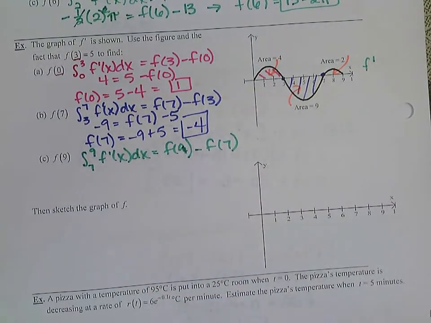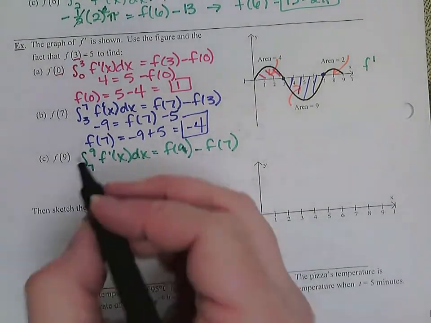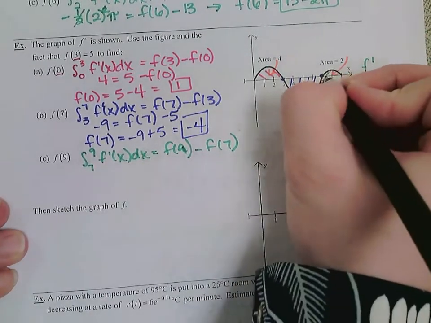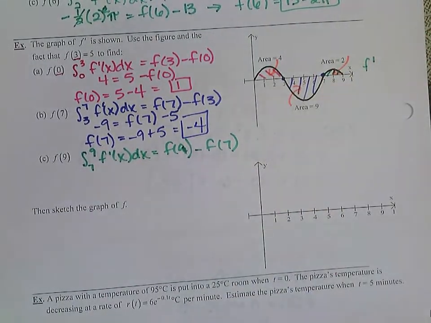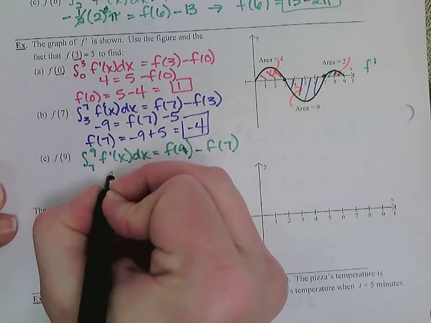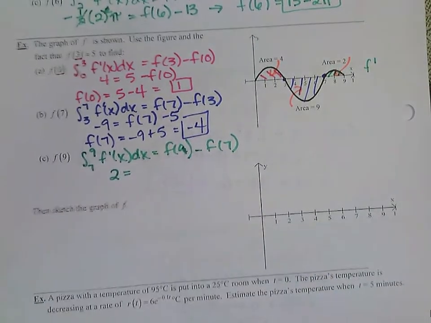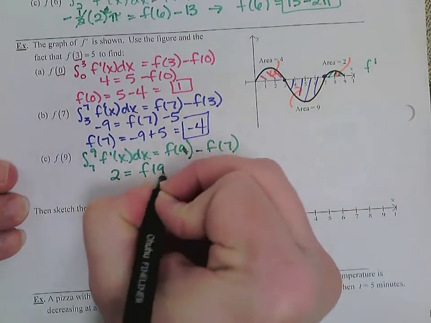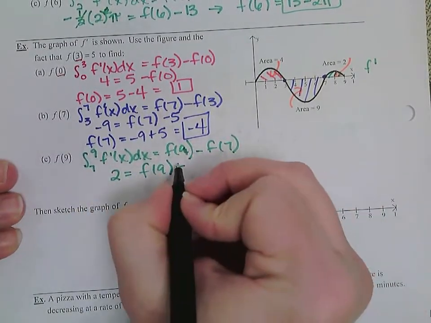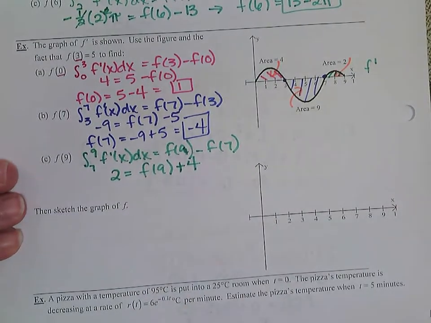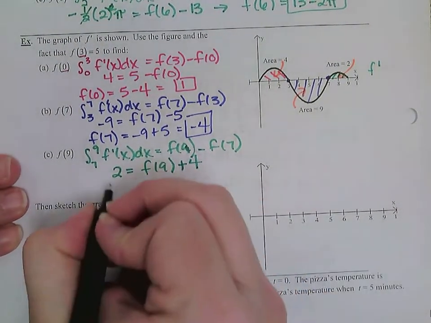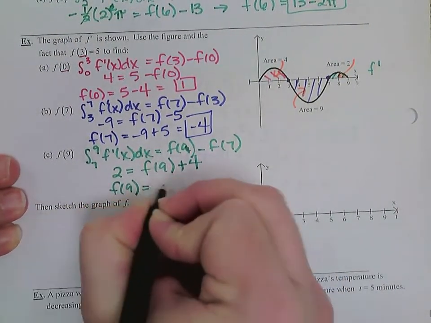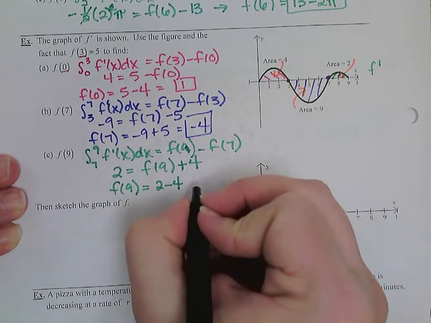So the integral from 7 to 9 of f prime will be the area between the curve of f prime and the x-axis between 7 and 9. They told us that area is 2, positive because it's above the x-axis. F of 9 is what I want to know. I know f of 7 is negative 4. So then f of 9 will be 2 minus 4, negative 2.